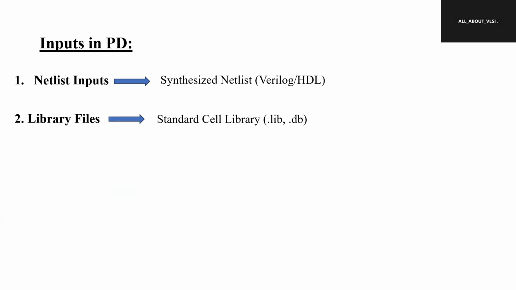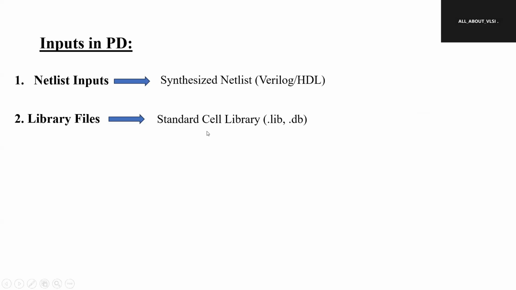is in two different formats. First one is CCS and the other is NLDM, composite current source and the other. I'll discuss clearly in further classes what is included in library files and input netlist files; everything I'll explain in detail later.